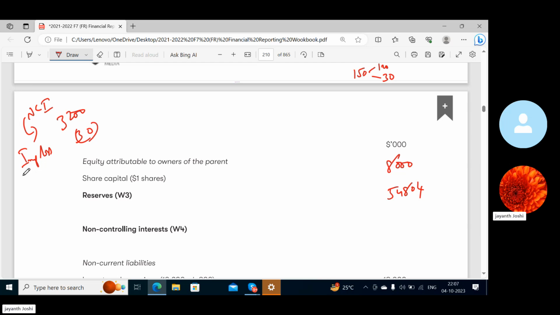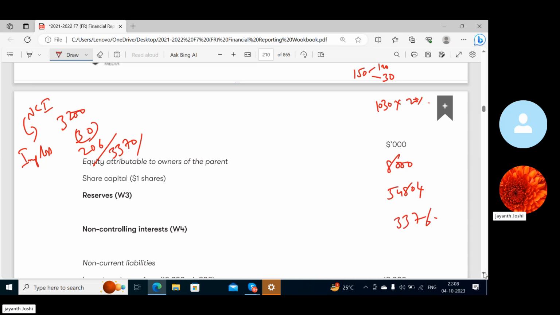The gains will also be given to the NCI. So what was the amount there? 1030, right? 1030 into 20% we will take. That is how much? 206 gain. So this will be 3376.